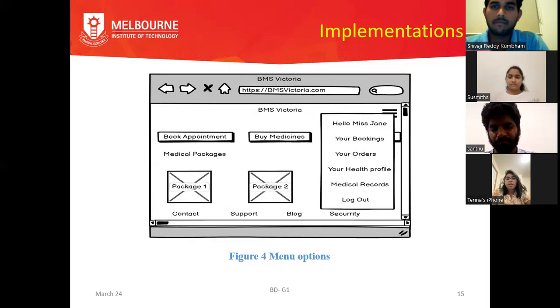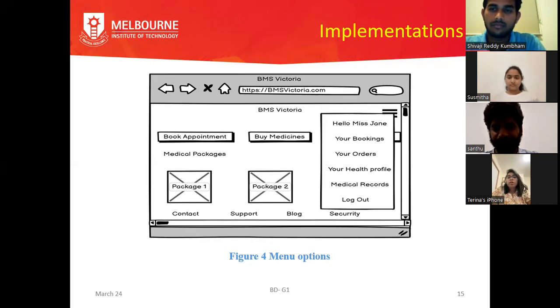Just go to the next slide. And this is how the user dashboard looks when the user has logged into the application. On the right side panel, we are going to display the first name, hello, and the name. And we can see the booking details in your booking and all the order details.